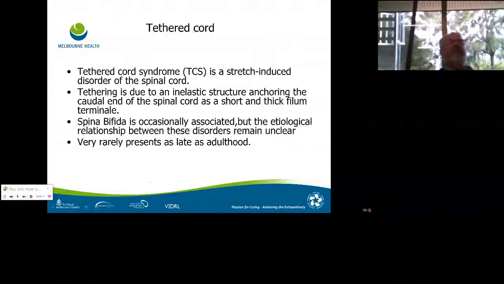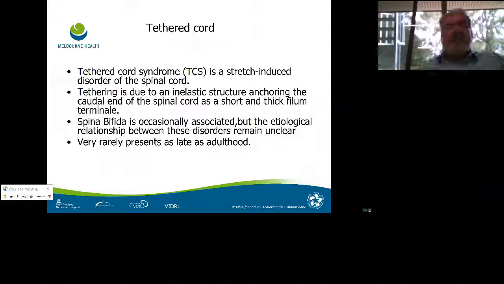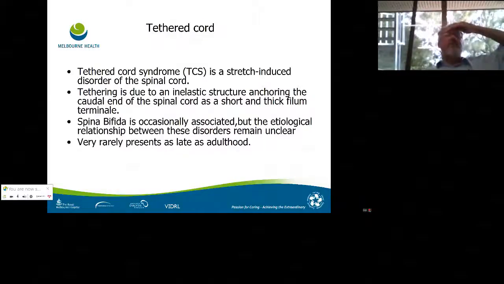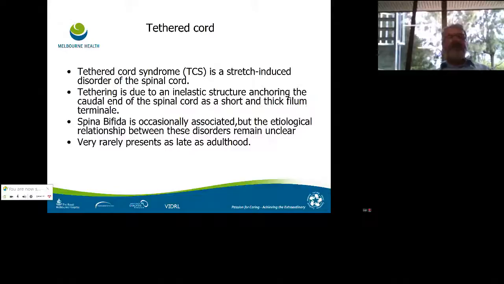I want to quickly go over tethered cord because it's certainly something that you need to know about. Patients do know about this, and you need to appear knowledgeable to gain people's, especially parents', trust in you.